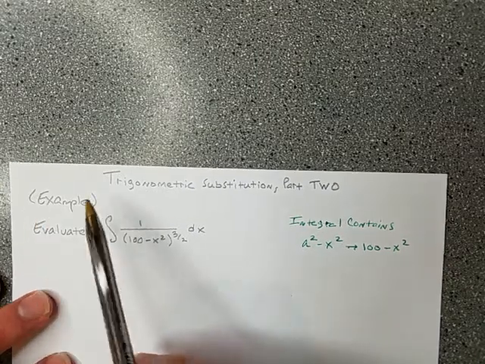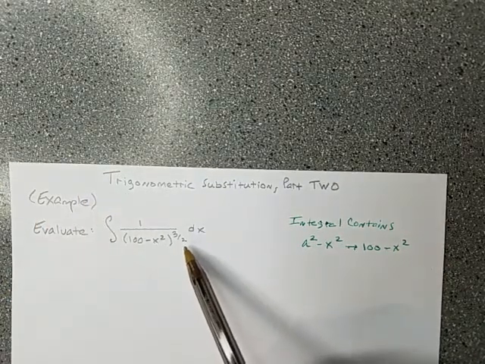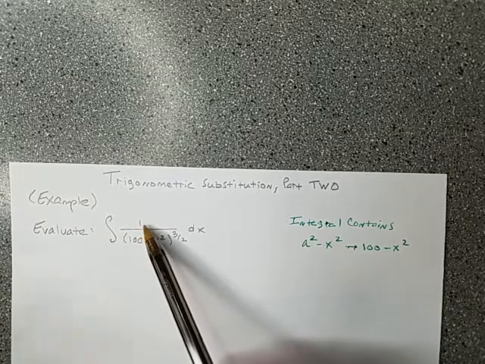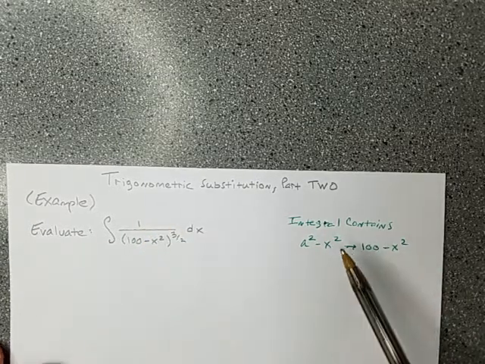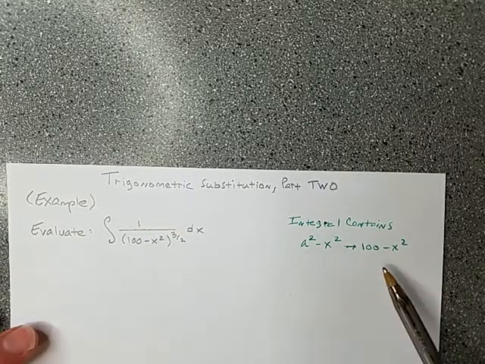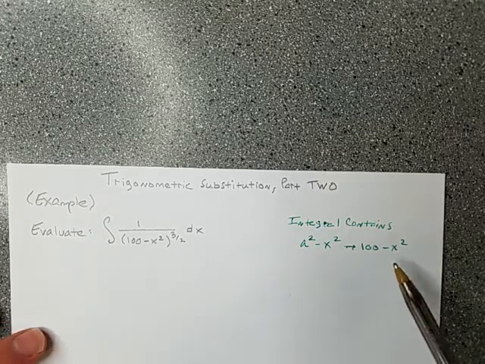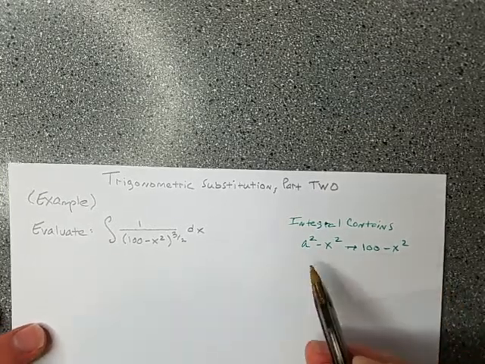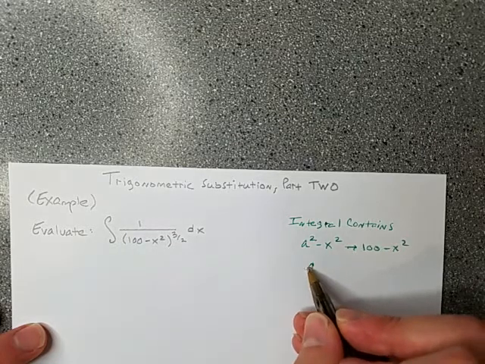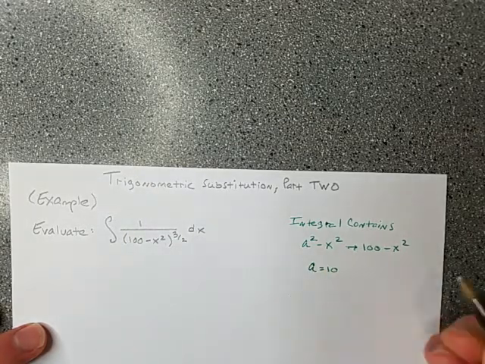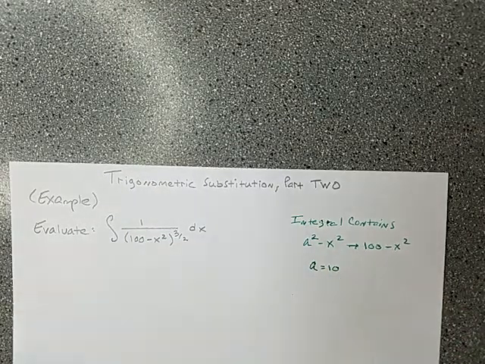I know that it has other stuff. I know it has that 3 over 2 power, and I know there's a 1 up there, but it just says the integral contains a difference of squares, and there's my difference of squares. It's 100 minus x squared. So what would that make the number a, the constant a? That would be 10, all right?